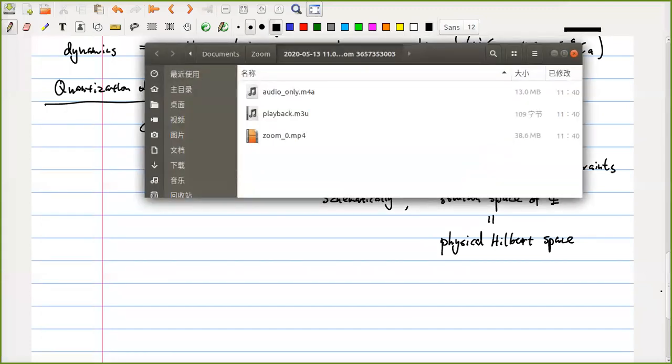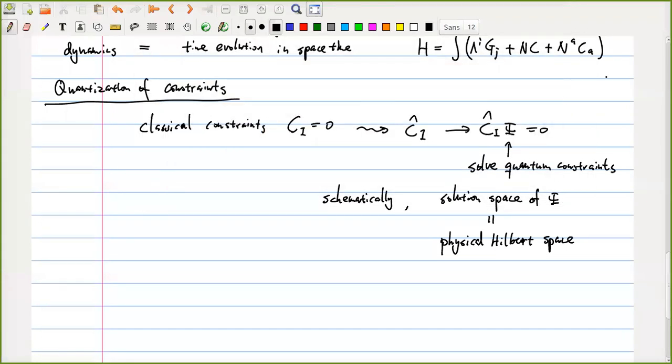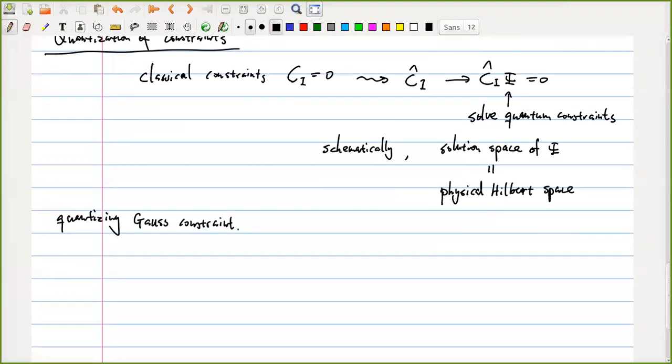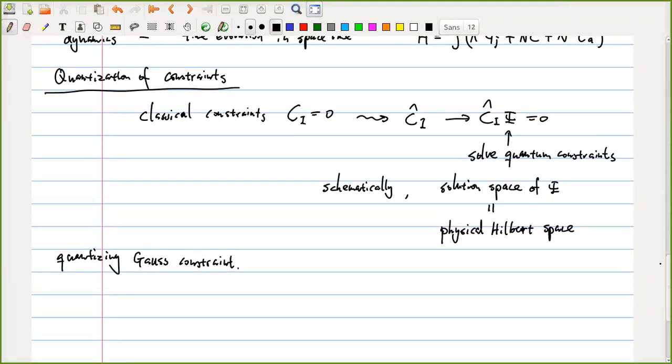So let's first talk about the quantum Gauss constraint, quantizing the Gauss constraint. Again, like what we did for the area operator and volume operator, when we do the quantization, we first discretize the classical expression.